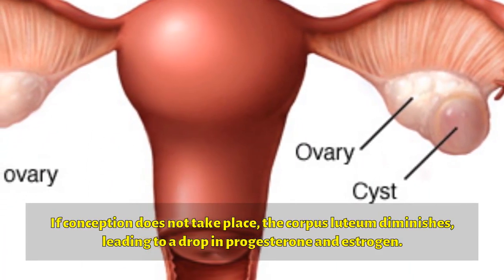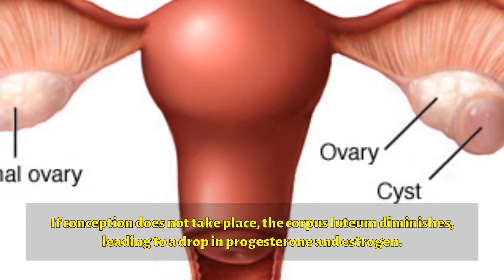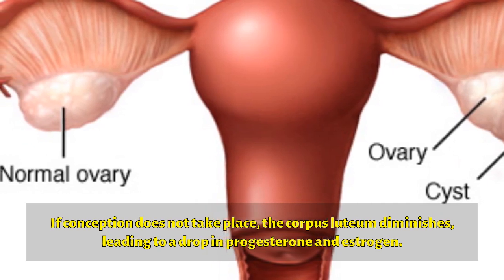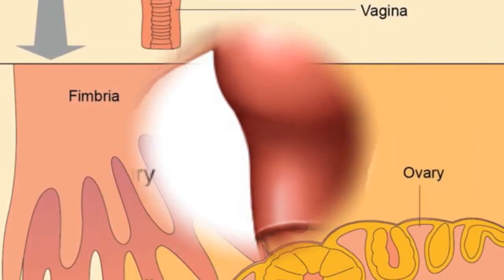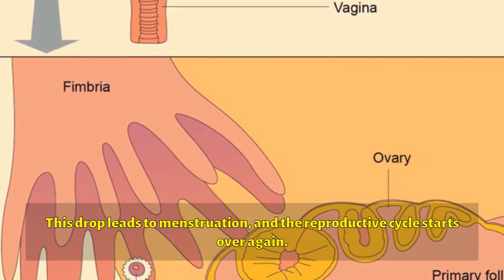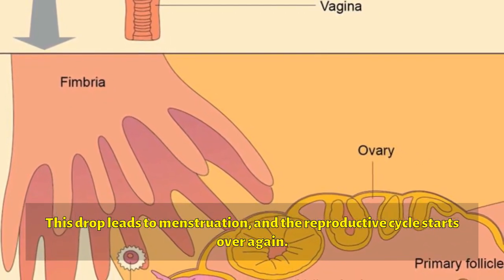If conception does not take place, the corpus luteum diminishes, leading to a drop in progesterone and estrogen. This drop leads to menstruation, and the reproductive cycle starts over again.